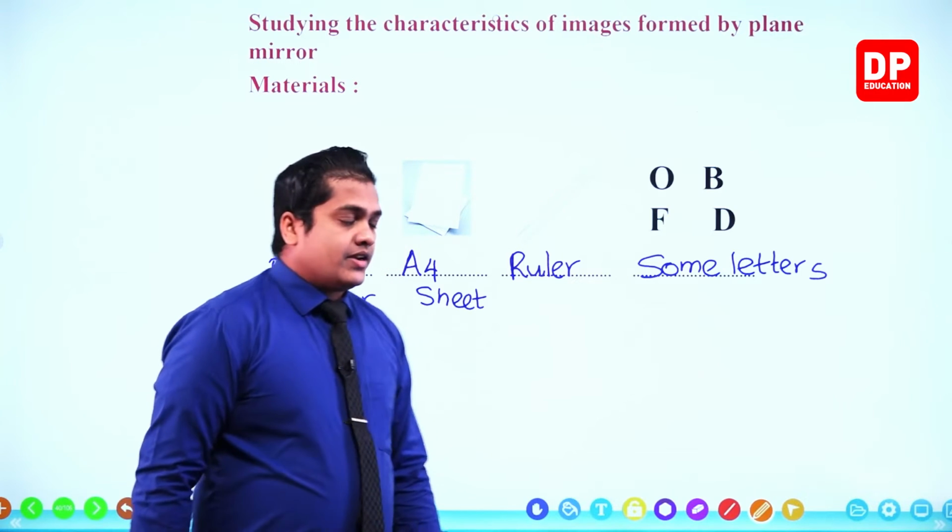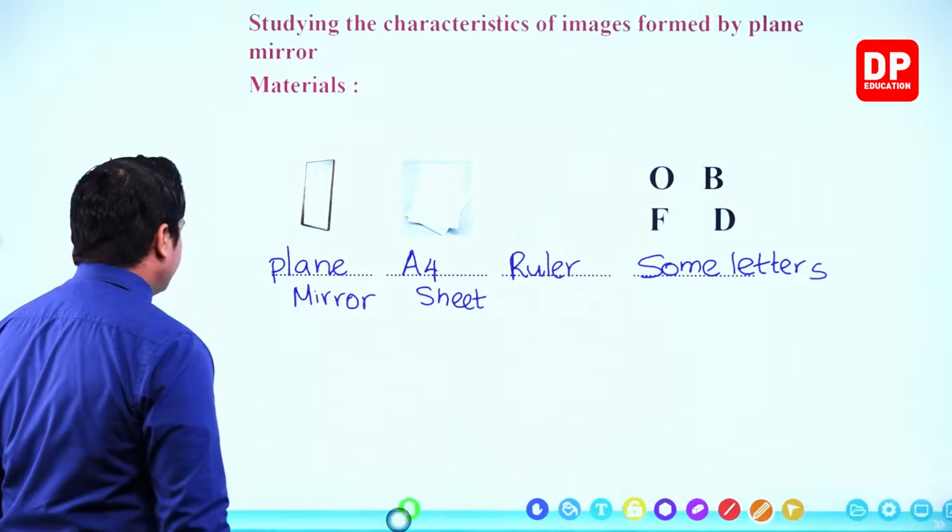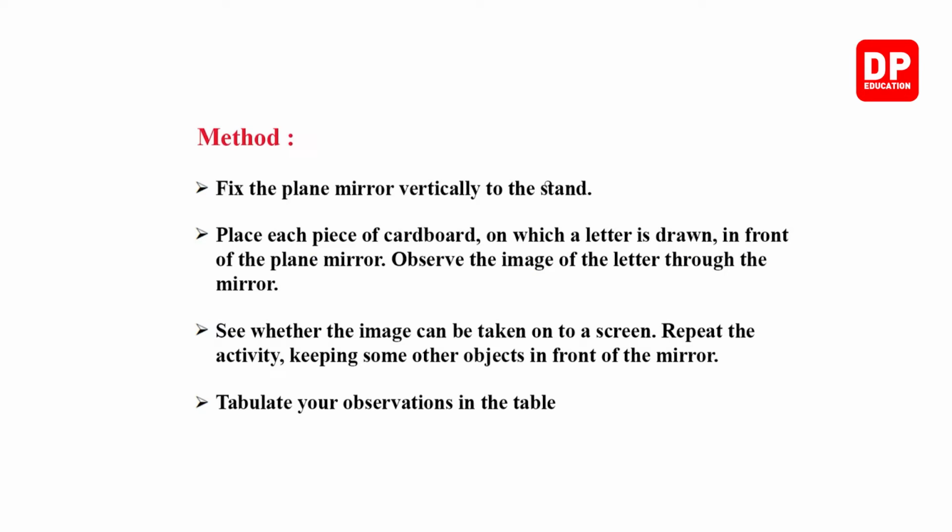Now let's head on to see the method. Fix the plane mirror vertically to the stand. Place each piece of cardboard on which a letter is drawn in front of the plane mirror. Observe the image of the letter through the mirror. It's very simple.